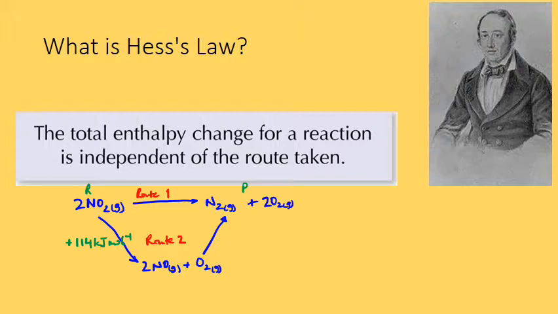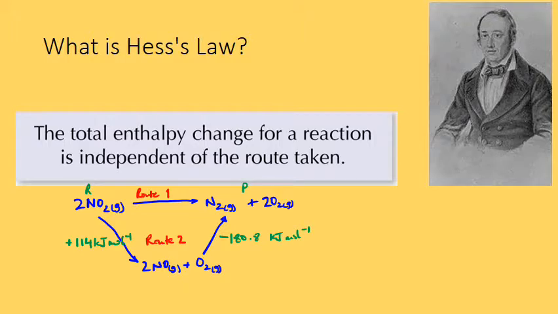And the second step, going from the nitrogen monoxide and oxygen through to the nitrogen and more oxygen, when you do that in the lab, you find that that's an exothermic reaction. It's an exothermic reaction to the tune of 180.8 kilojoules per mole.